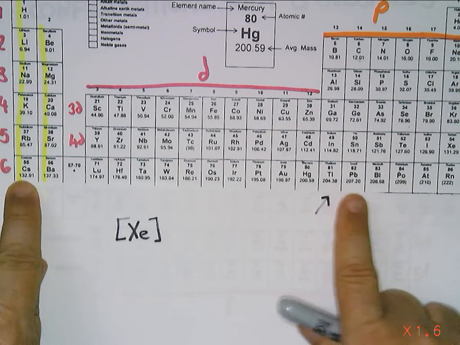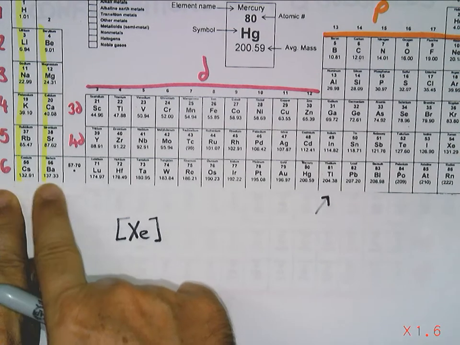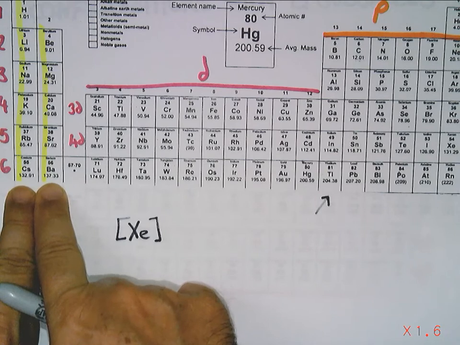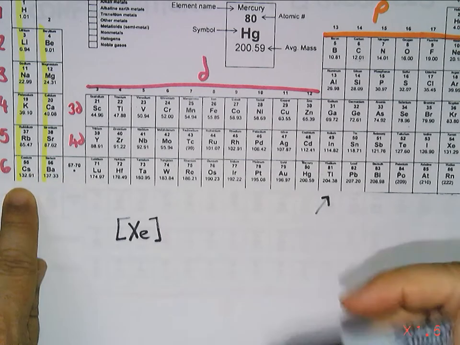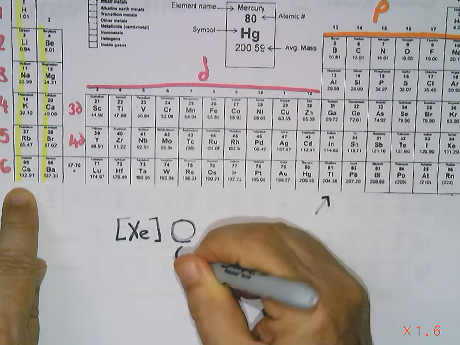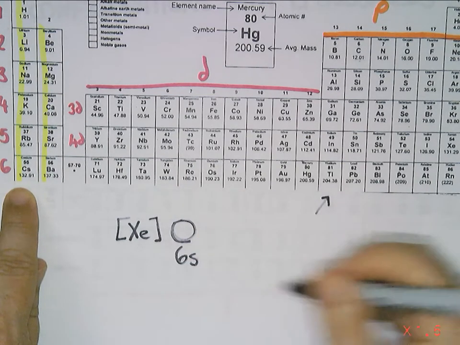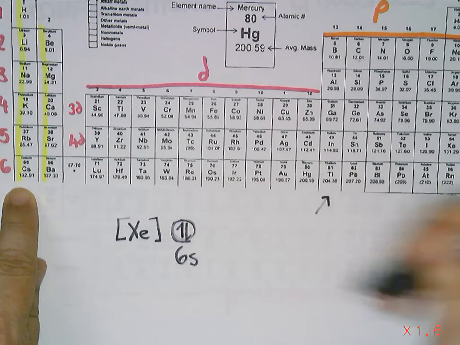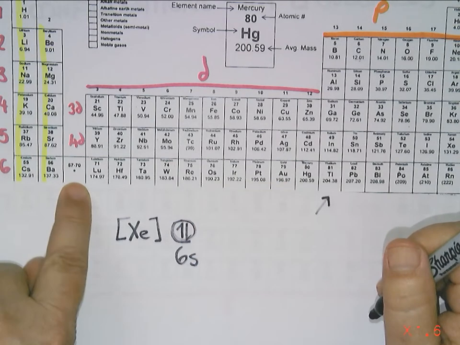If I'm going to start counting at the xenon core, I'm going to go over here to 6s2. 6s1, 6s2. Okay, so now I'm here.